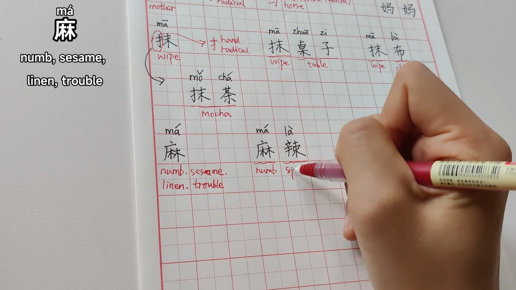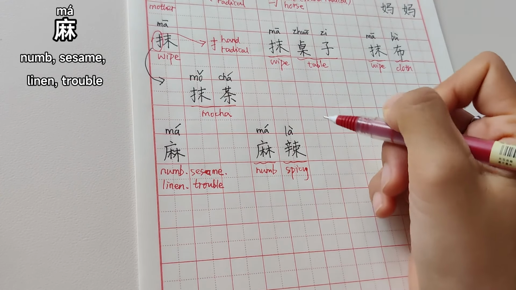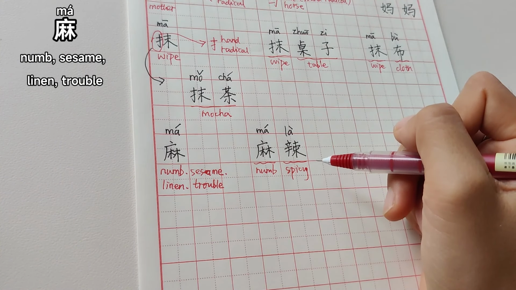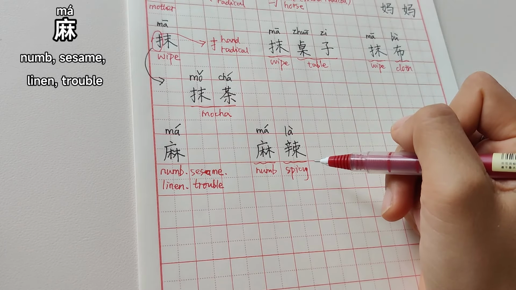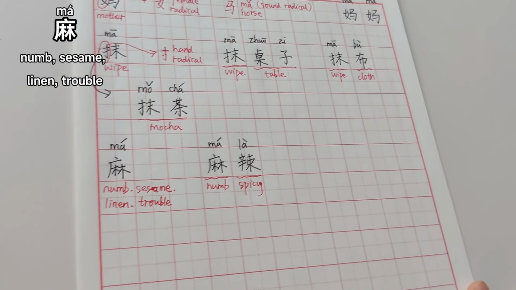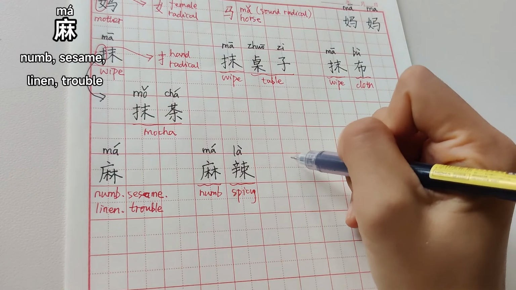The la meaning spicy. So ma la is numbing spicy. It's the classic flavor in the Sichuan food system. Sichuan cuisine is one of the most popular cuisines in the Chinese food system, and it's famous for its ma la flavor. And the next word, this one is interesting.